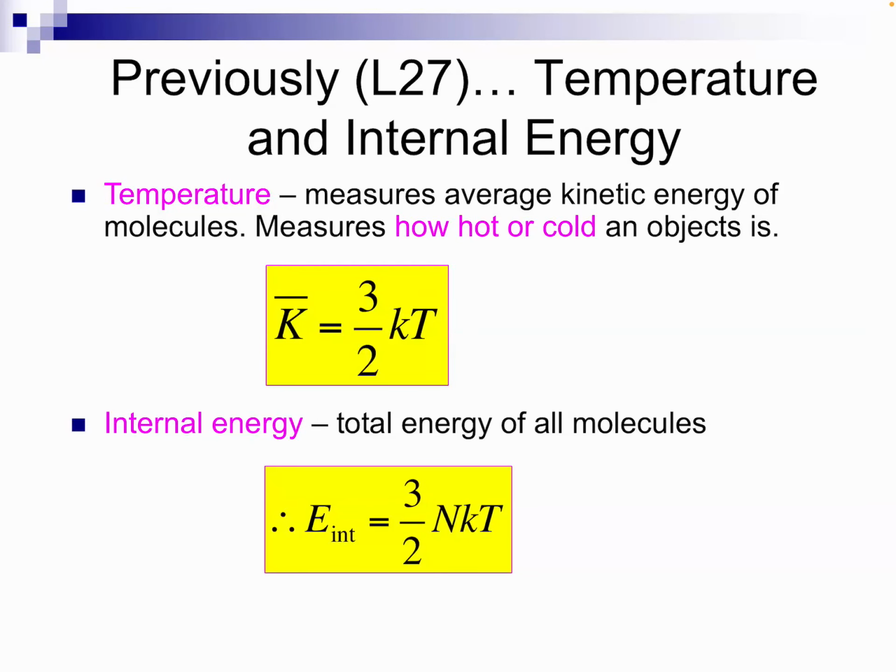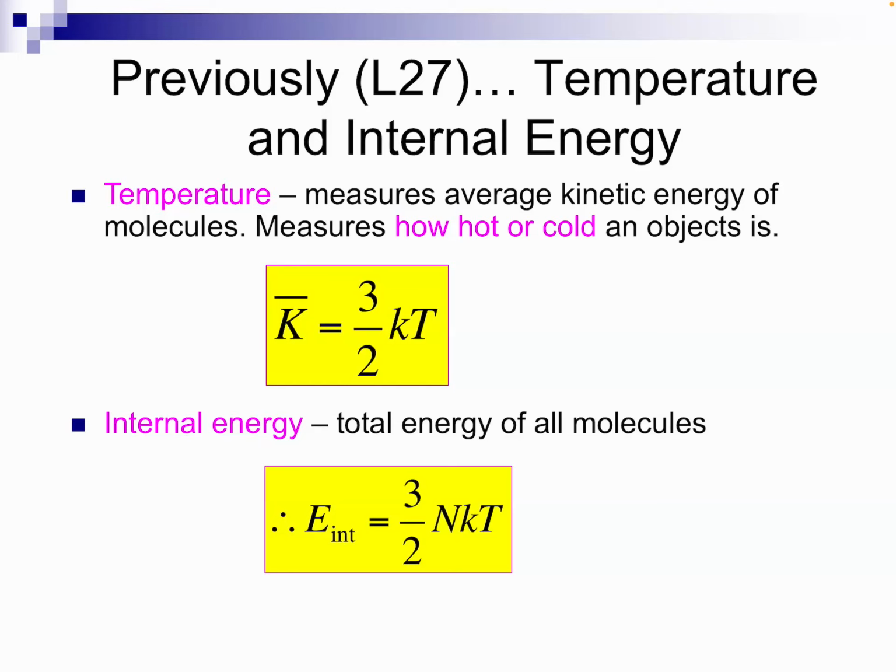So far in our lectures last week, we started by defining what temperature is as being the perception of hotness or coldness of an object, and then we related temperature to the actual movement of the atoms making up the object. And so we've seen that the temperature is measured by the average kinetic energy of the molecules.